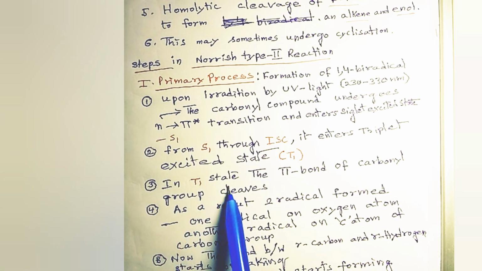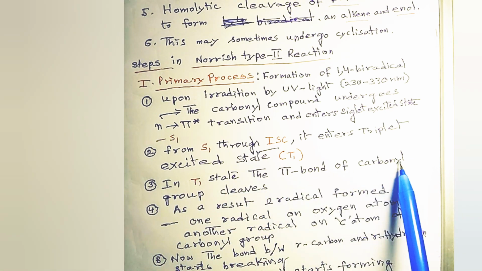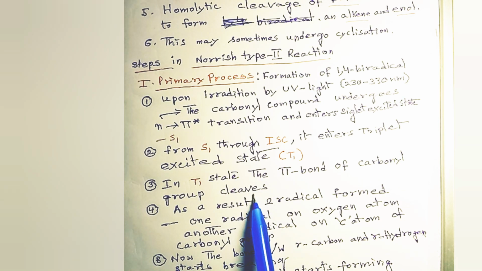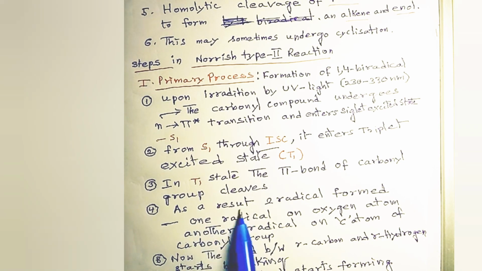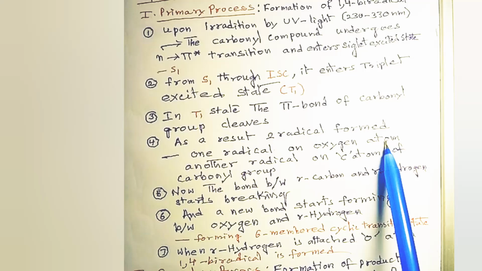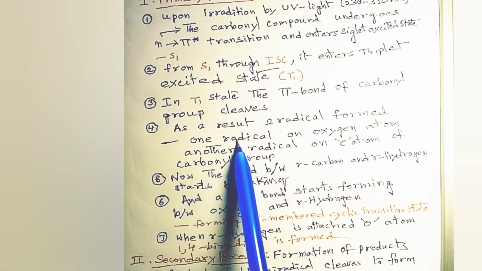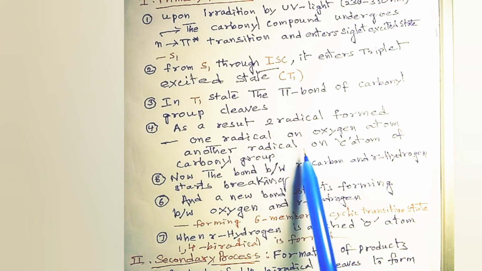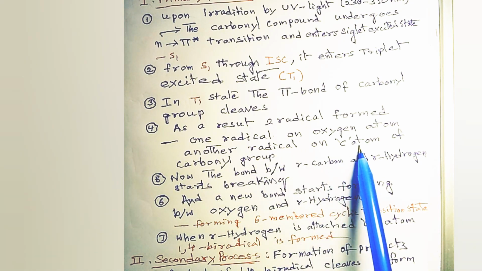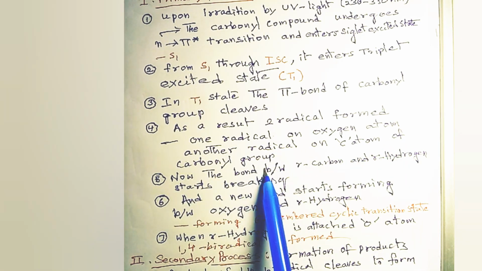In the T1 state, the pi bond of the carbonyl group cleaves. As a result, two radicals are formed: one radical on the oxygen atom and another radical on the carbon atom of the carbonyl group.